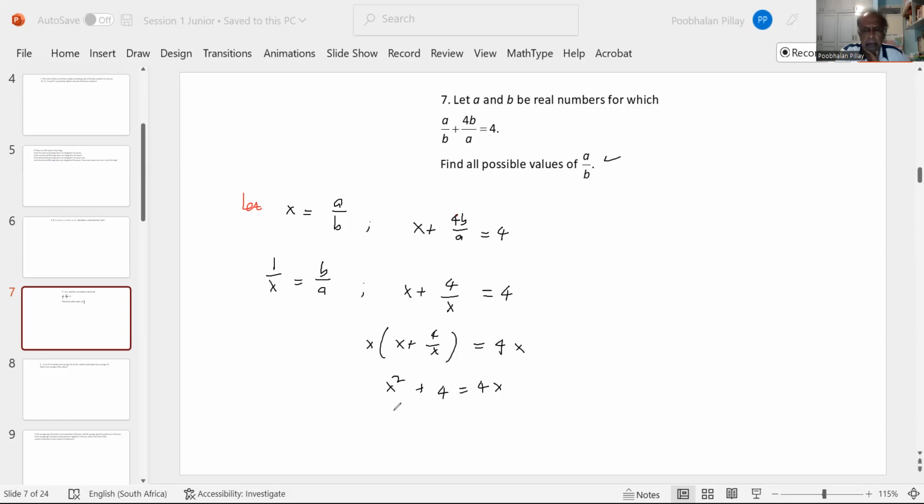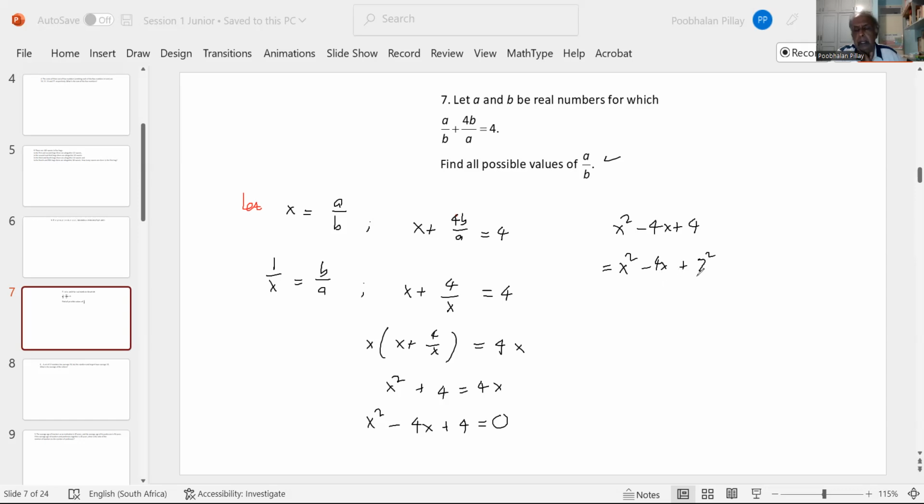Now, you don't have a linear equation, but you have x squared. If you bring all the x's to one side, but actually you leave the number on the other side as well, in this case, if you look at this carefully, you will see that x squared minus 4x plus 4 is actually x squared minus 4x plus 2 squared.